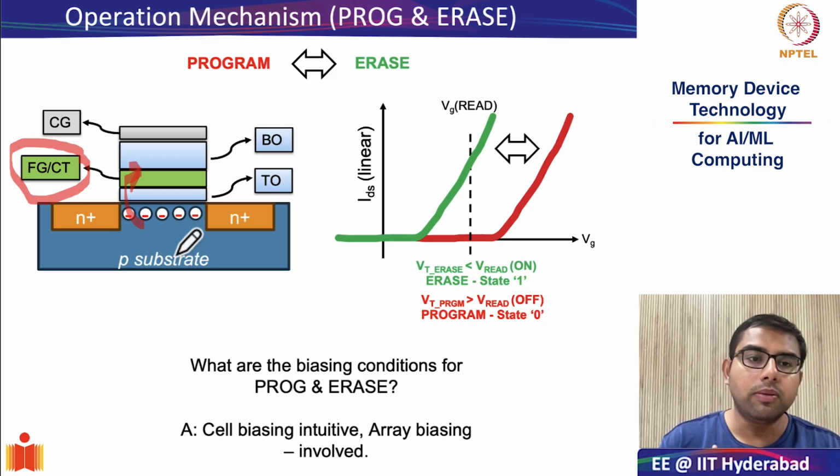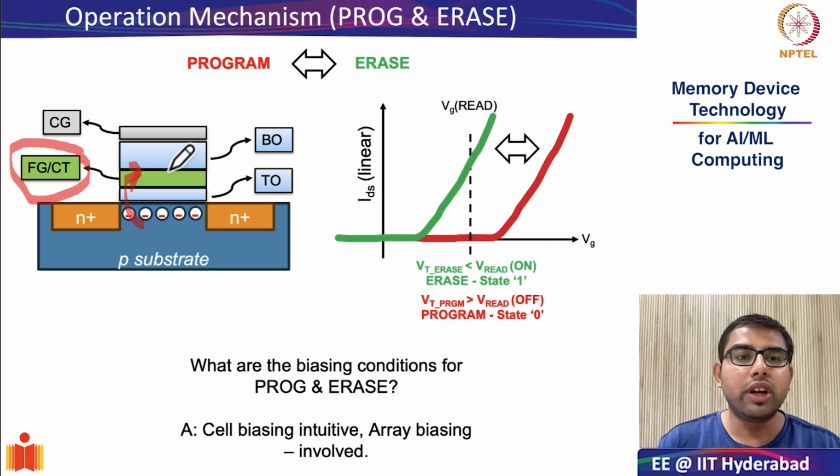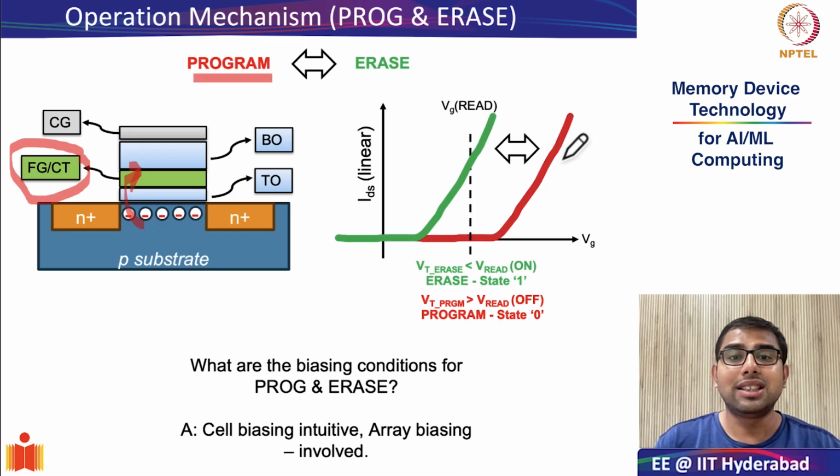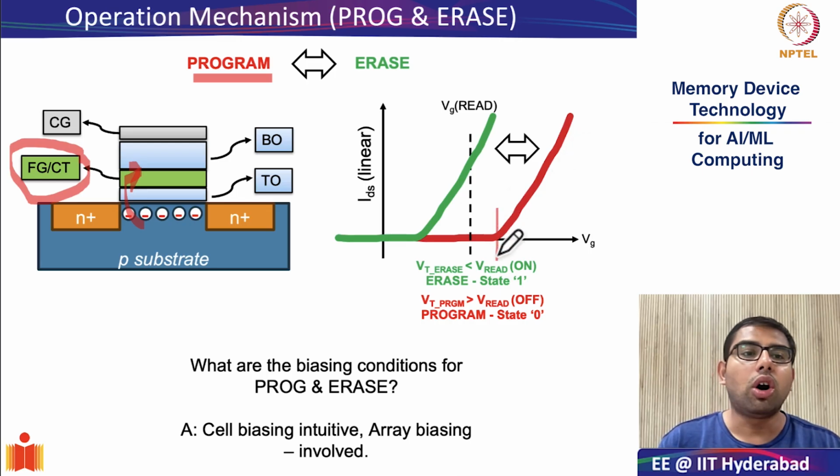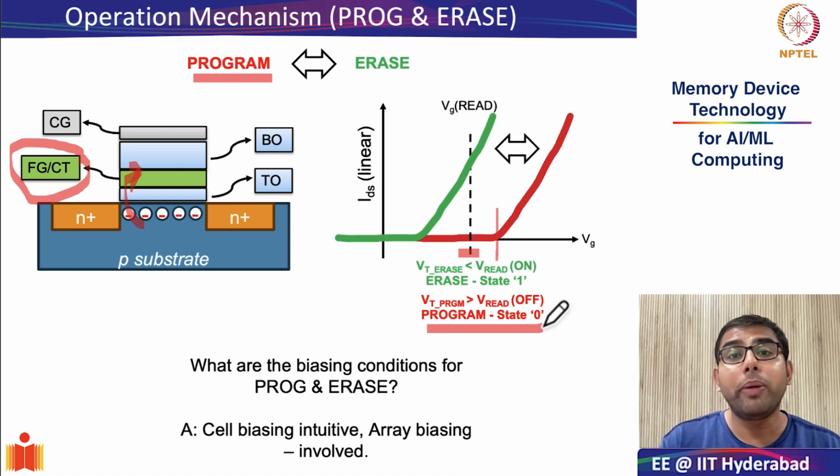If there are electrons in the charge storage layer, it is called the program state. The program state is unique because the threshold voltage of the transistor is greater than the reference read voltage on the gate, and therefore the program state is also called state 0. This is a point that I missed last time. It is called state 0 because during the program state, the transistor is in off state.